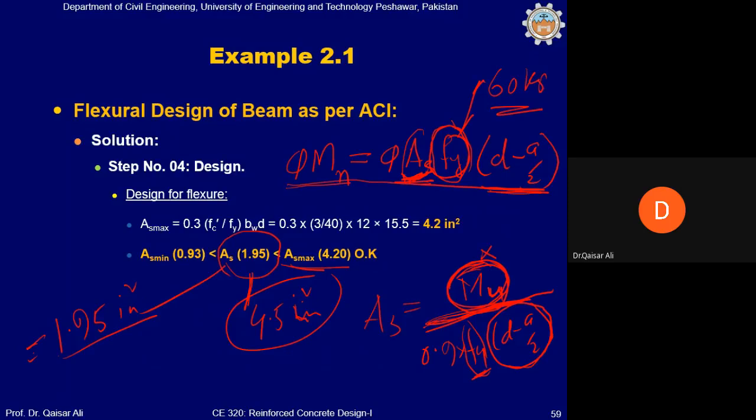Okay, how many bars are required if you use number 4 bar? Sir, 4. What is the area of steel of number 4 bar? 4 by 8.